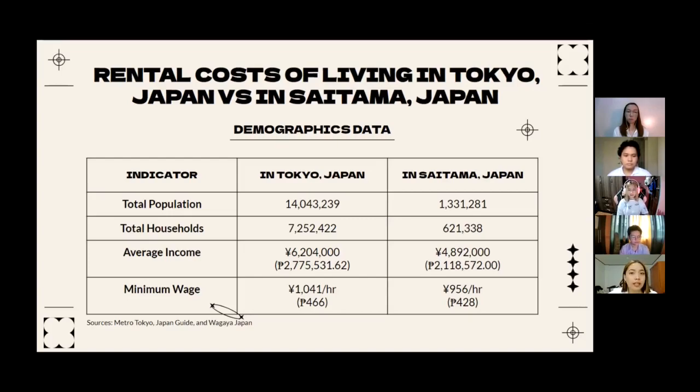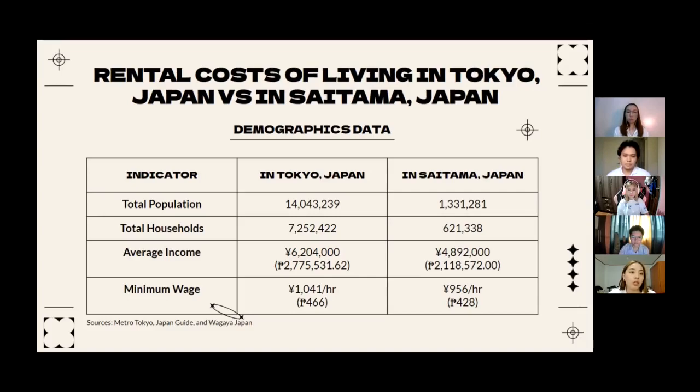On the other hand, Saitama, a major city half an hour by train north of Tokyo, is primarily a residential city with a total population of over 1.3 million consisting of 621,338 households as of 2021.